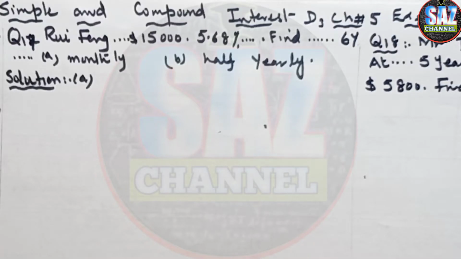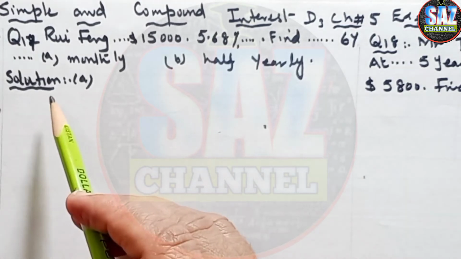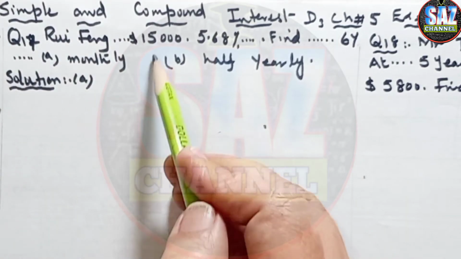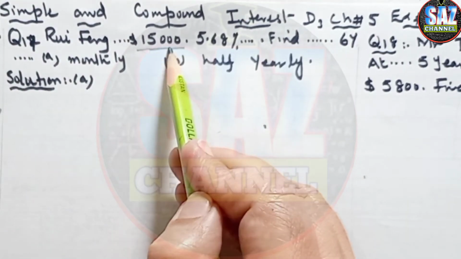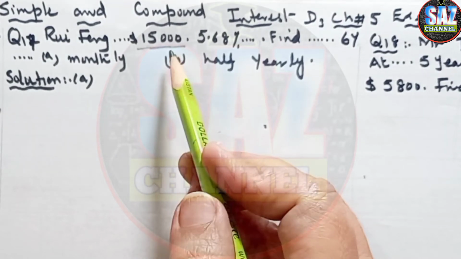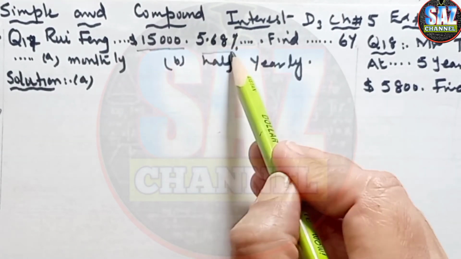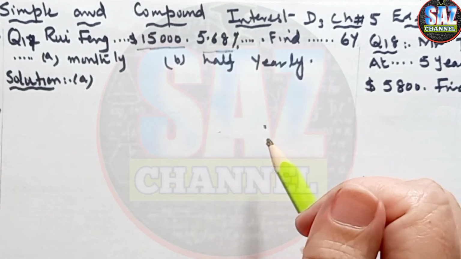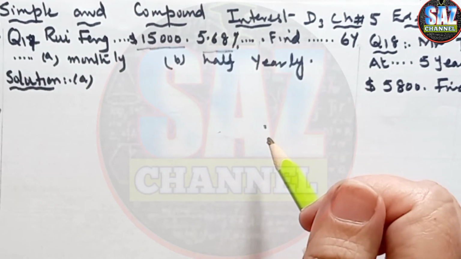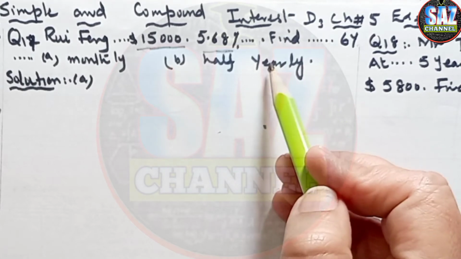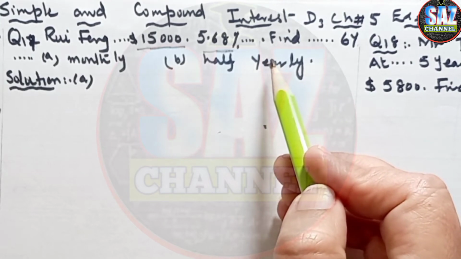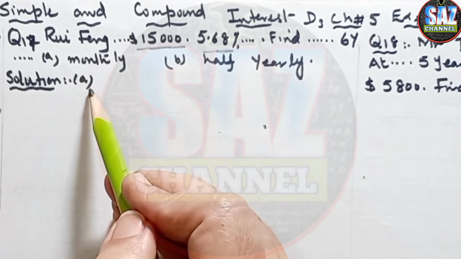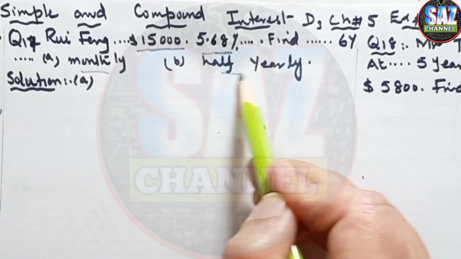And let me read the question first. Question says, Rui Feng deposited $15,000 in an account that pays 5.6% compound interest per year. Find the total amount in the account after 6 years if the interest is compounded monthly and half yearly.